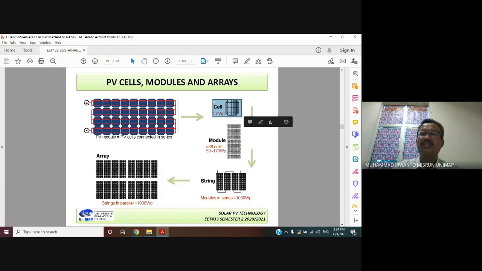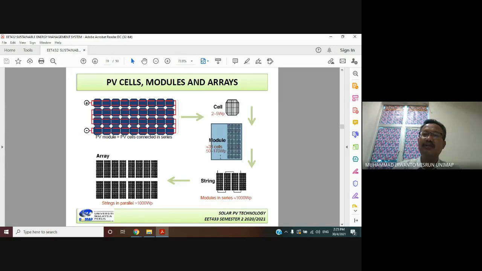But when some cells are connected together in series, series means we want to increase the voltage, and then some series connections are connected in parallel, meaning a combination of series and parallel, we can obtain the module. This one is a module. This module is usually constructed from 36 cells, so the total power can be up to 170 watts.